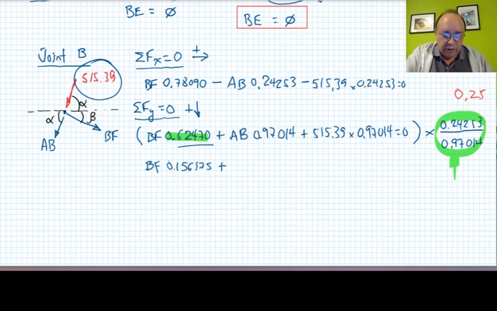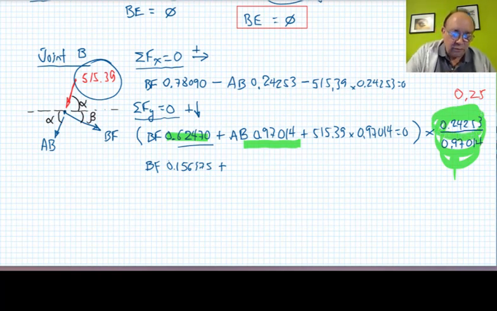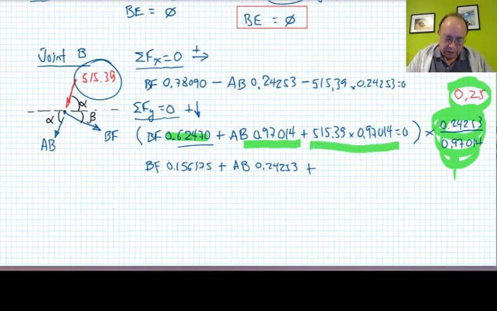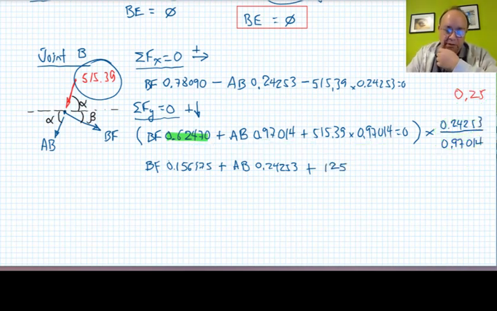plus 0.97014 times this number is 0.24. I don't really need to do it in the calculator, right? This is 0.24253 plus, now I'm gonna do this number times 0.25. 515.39 times 0.97014 times 0.25 equals 125, equals to 0.